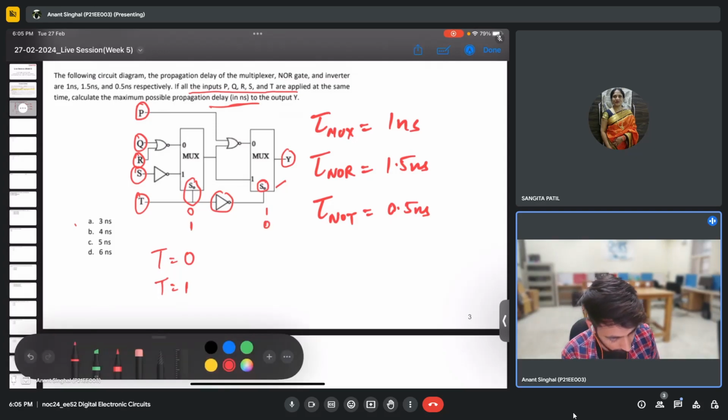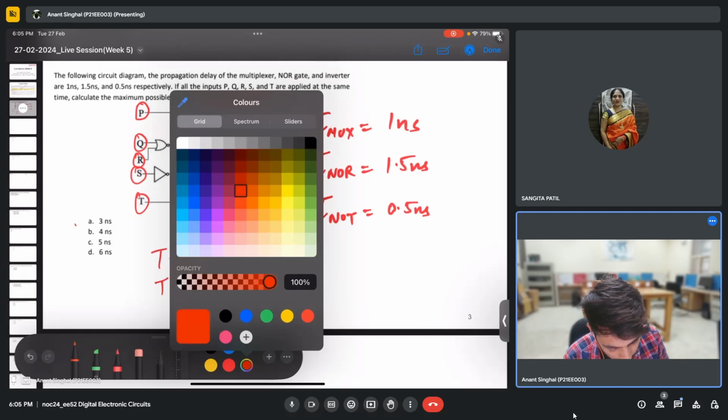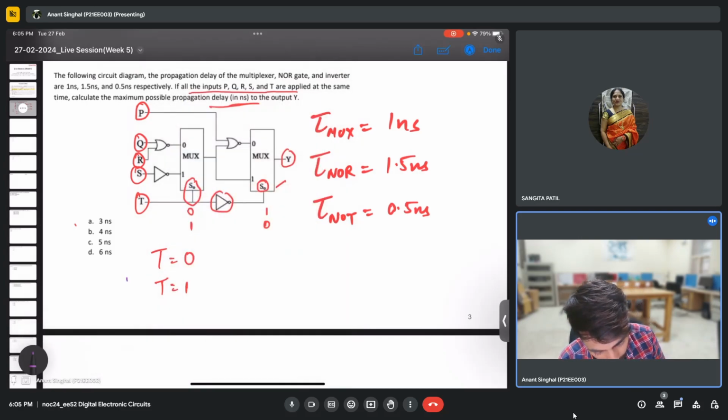So let's see one by one what will be the path that will be followed for the first case. So let's say I'm taking T equals 0. For T equals 0, this S0 will be 0 and this S0 for this mux will be 1. Since S0 is 0, this part will be working.